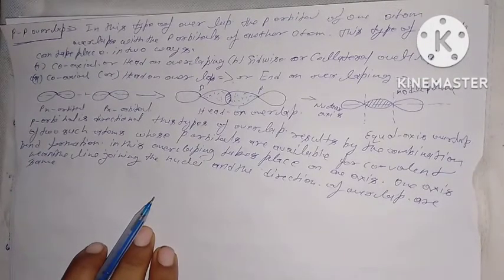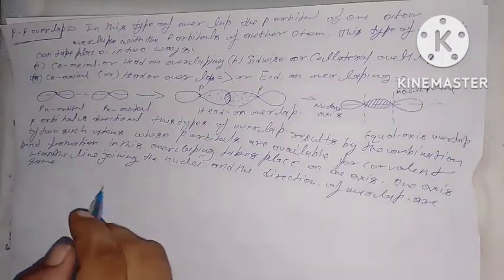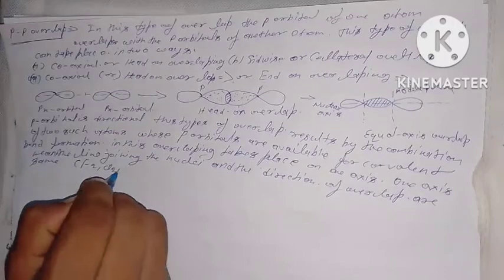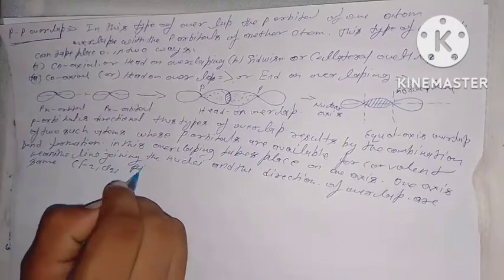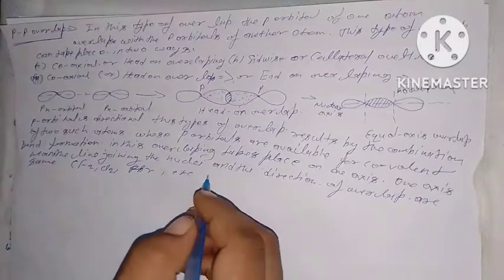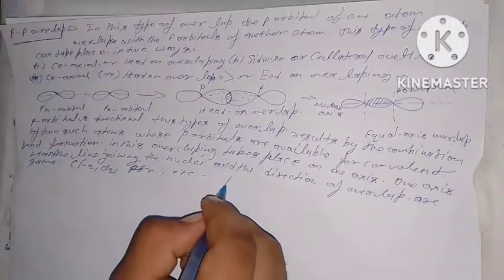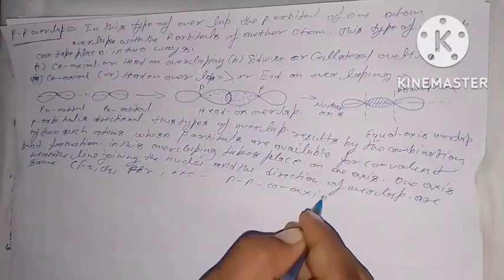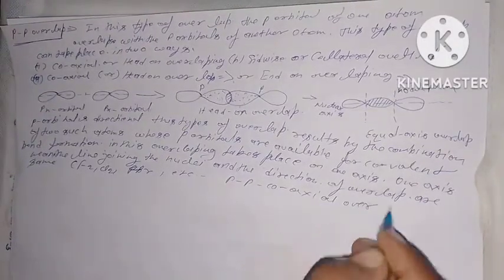Formation of fluorine, chlorine, bromine, etc. are examples of pp coaxial overlapping.